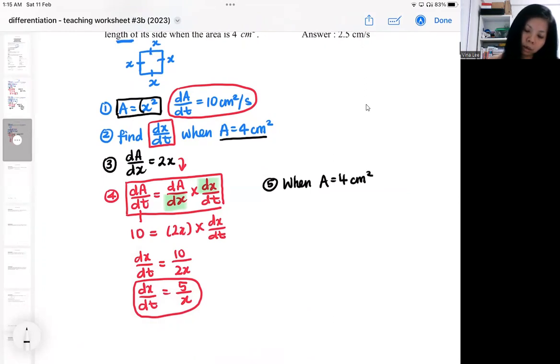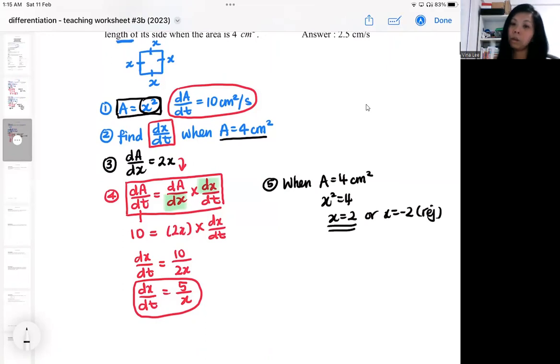You use x squared, which means x squared is equal to 4. x will be 2 or minus 2, which you will reject. So you get the x that corresponds to that area, and then you substitute into your formula.